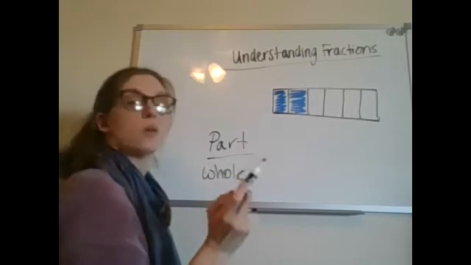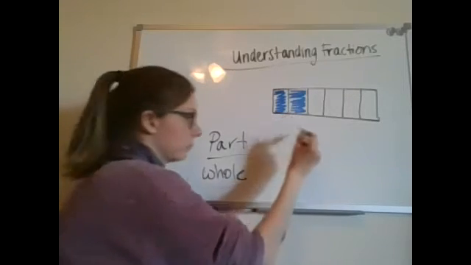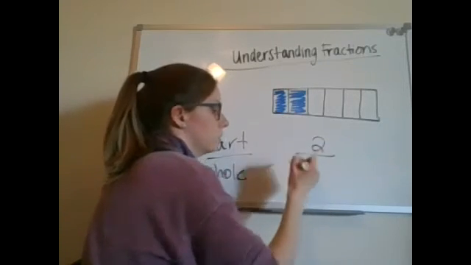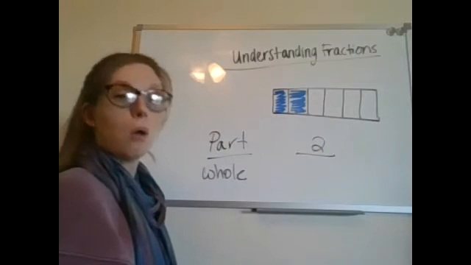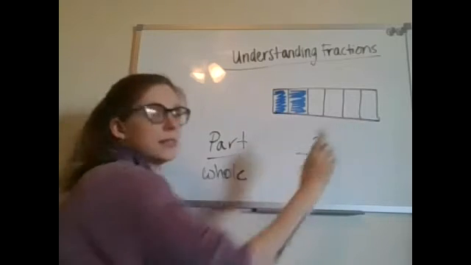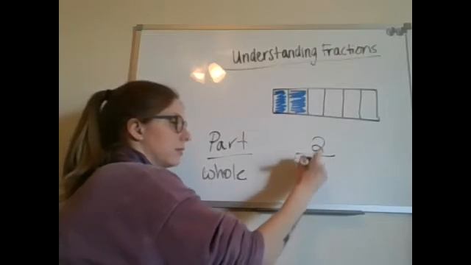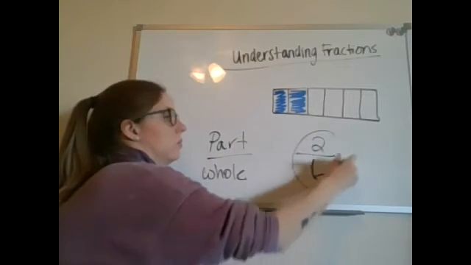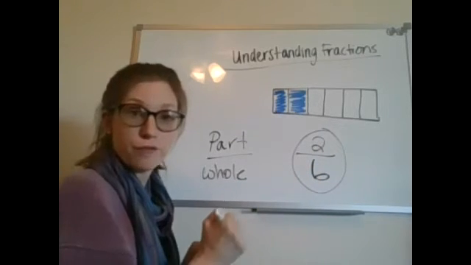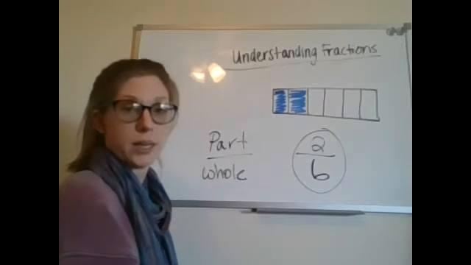So the part that is shaded in are these 2 right here. The whole object has 1, 2, 3, 4, 5, 6 pieces. The whole is 6. So this right here, that is your fraction for this piece. 2 out of 6 pieces are shaded.